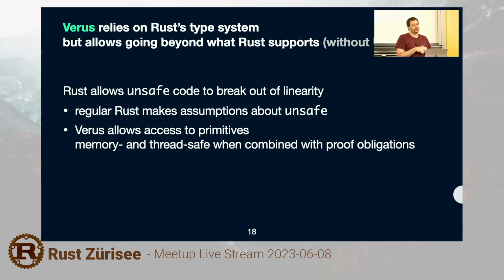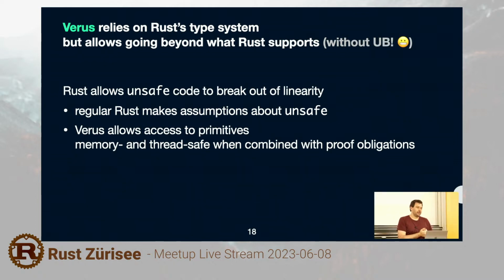As mentioned, Verus relies on the Rust type system for its correctness. We do rely on the fact that Verus guarantees that for runtime values, there will not be aliased mutable pointers, mutable references. But Verus also allows us to go beyond what Rust supports, hopefully without any UB and any unsafe in the regular Rust sense.